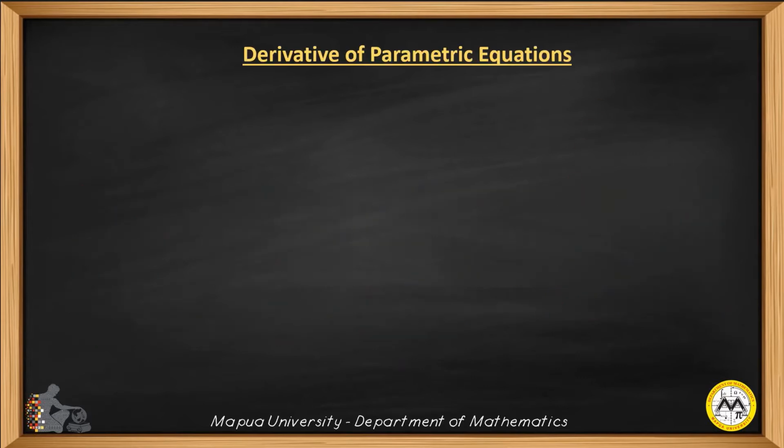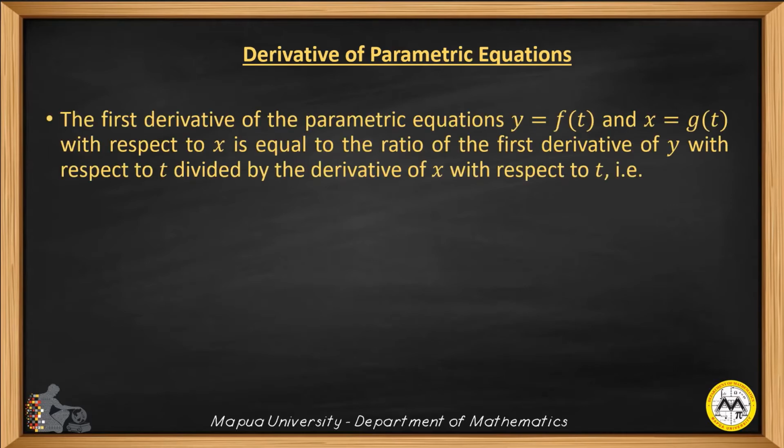Let us now determine the derivative dy/dx given a pair of parametric equations where y is the f function of t and x the g function of t. Then the first derivative of y with respect to x is equal to the ratio of the first derivative of y with respect to t divided by the derivative of x with respect to t.